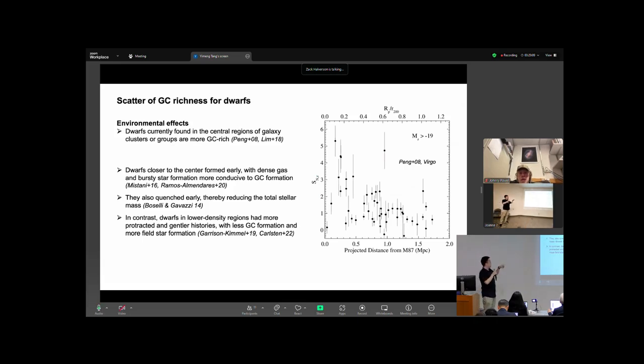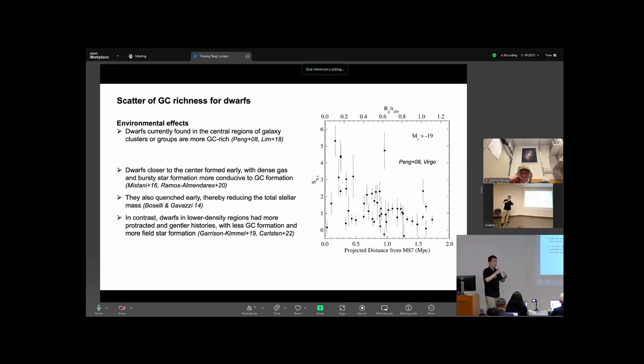First, people have explored the environmental effect. The right-hand figure shows the GC richness over the cluster central radius for Virgo dwarfs. Peng et al. 2008 found the dwarf galaxies near the cluster center are generally more GC rich.